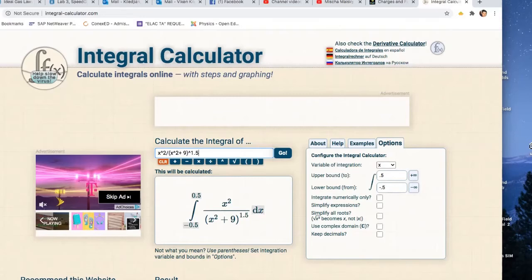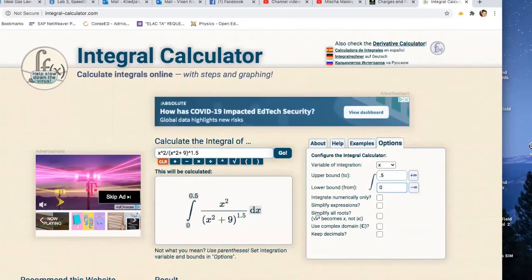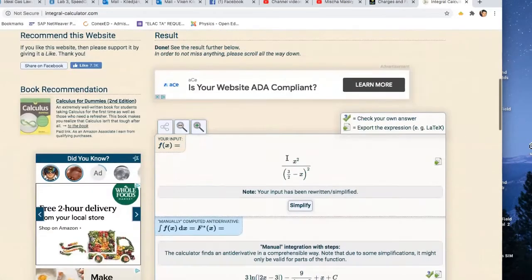X squared plus 9 to the 1.5. Is that right? Yep. Oh, and then I go from 0 to 0.5, because this one I'm doubling it, right? Because of the symmetry.